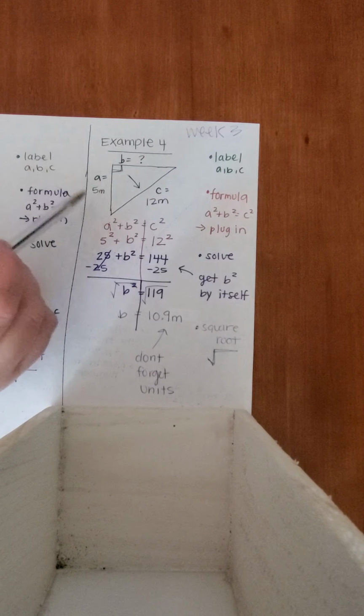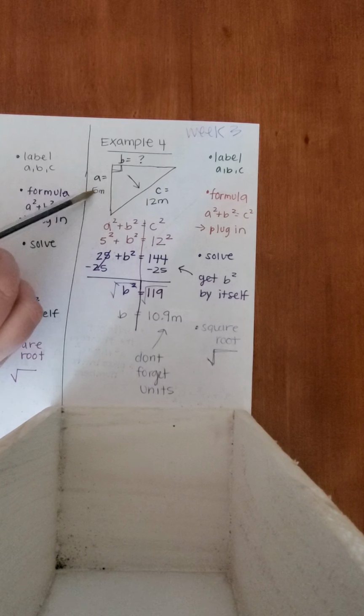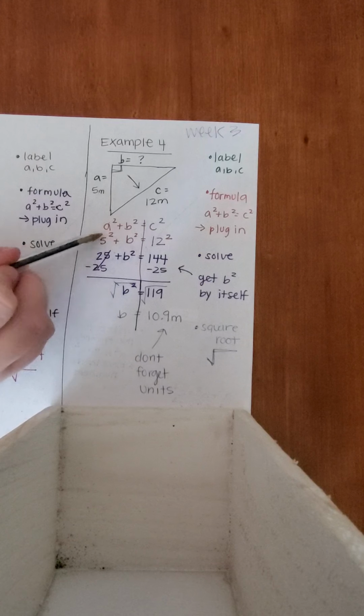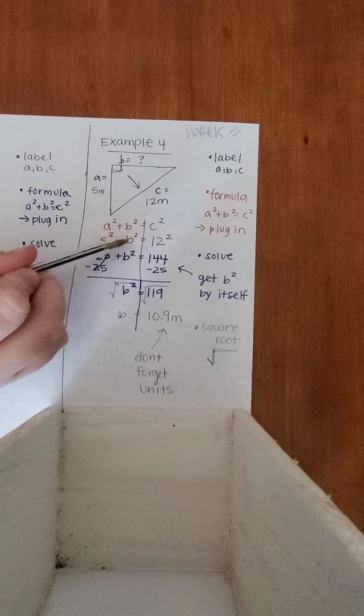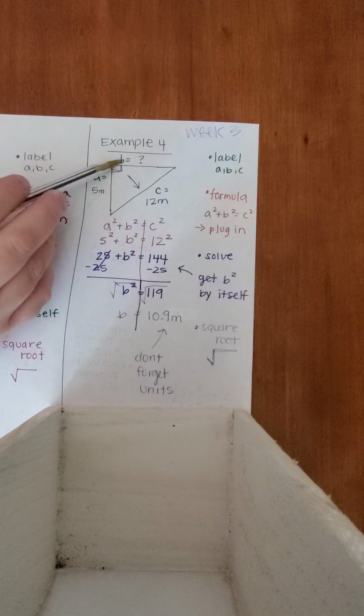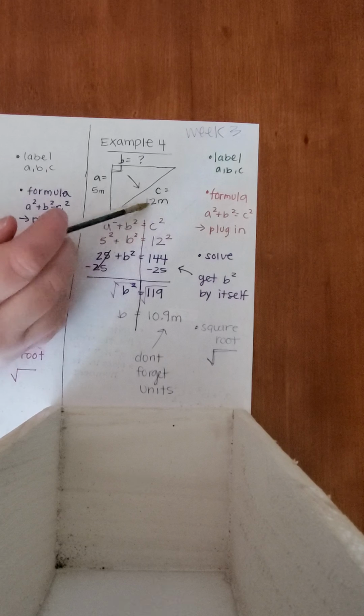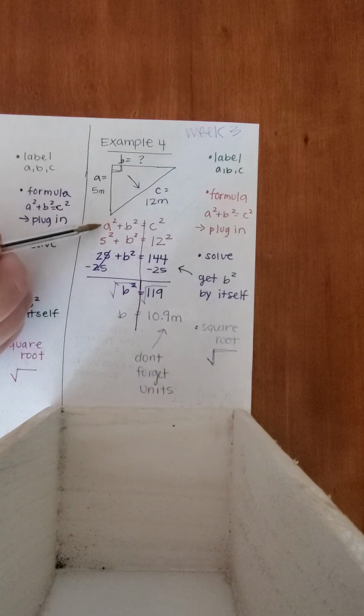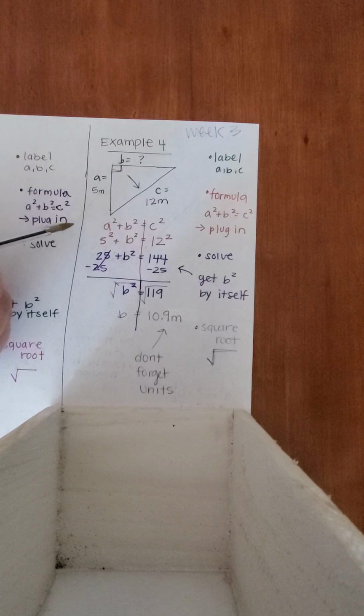It does not matter. Whatever side has the number 5, I'm going to say A is 5. So we got A is 5 plus B squared, because B has nothing, and it equals 12 squared because C is 12. There's the formula. It does not change. It's the formula that comes with these questions.